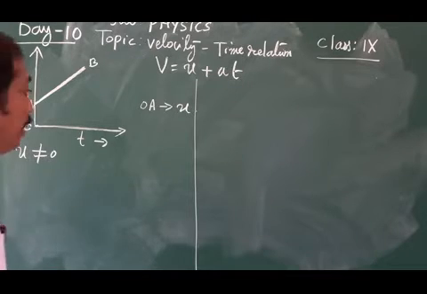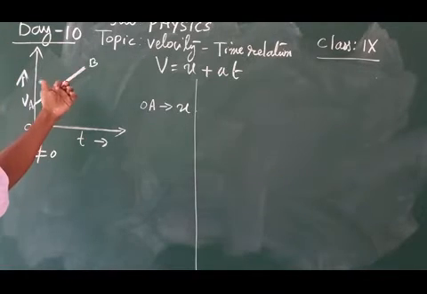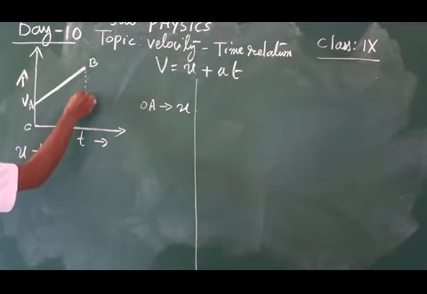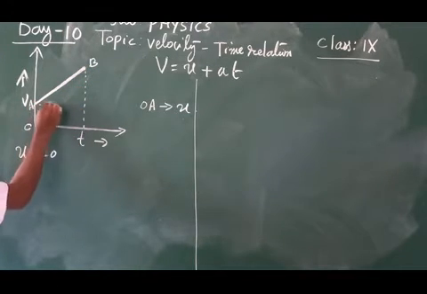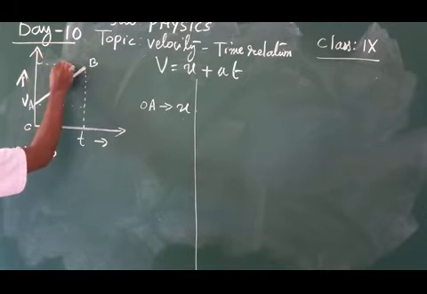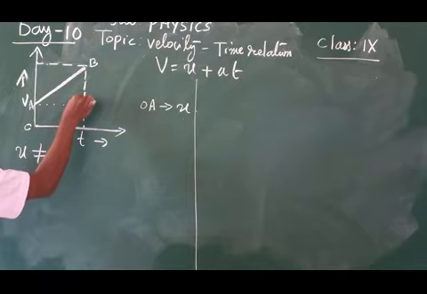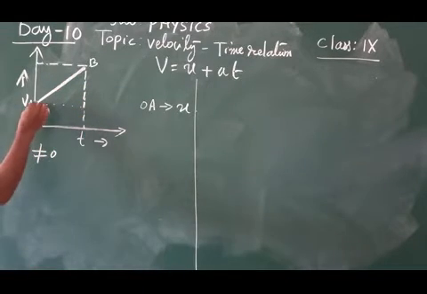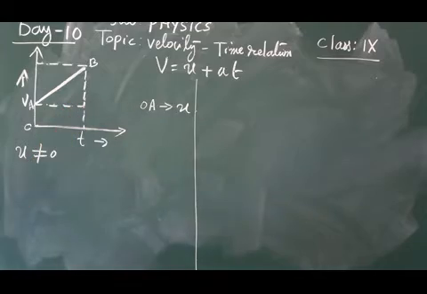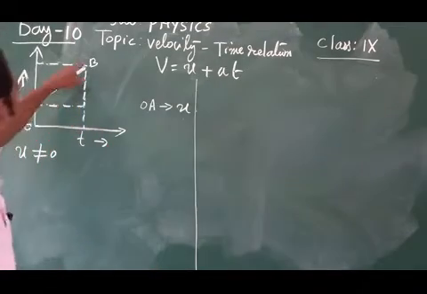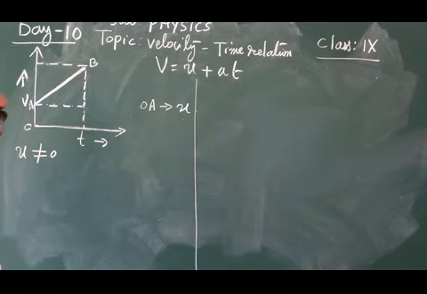We draw perpendiculars to the x-axis and y-axis from A and B. Only dotted lines are used here.